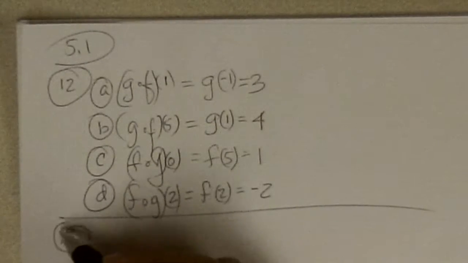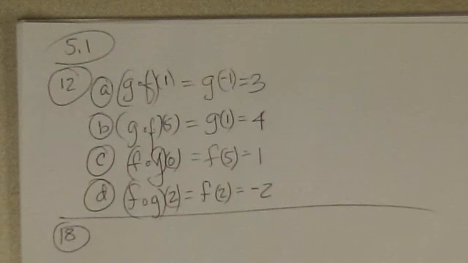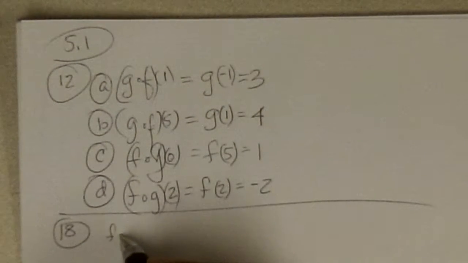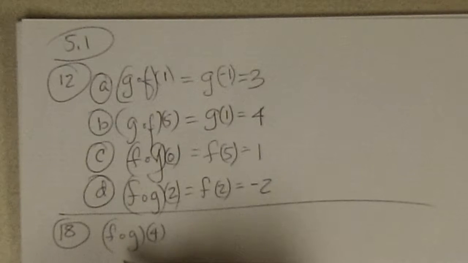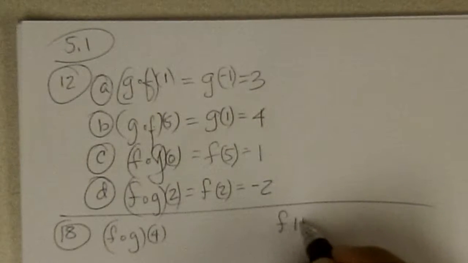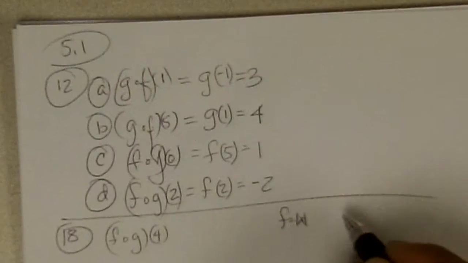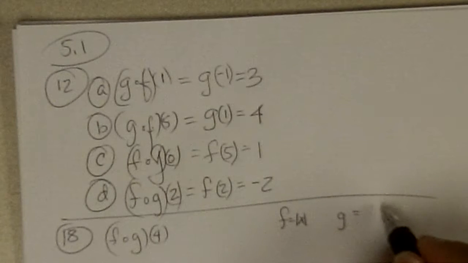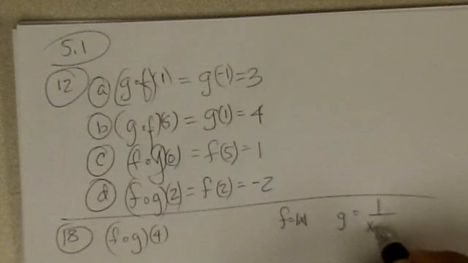18. On 18, we're supposed to find f of g of 4. So we got to put 4 into g and then put that answer into f. Now on 18, f is the absolute value of x, and g is 1 over x squared plus 1.